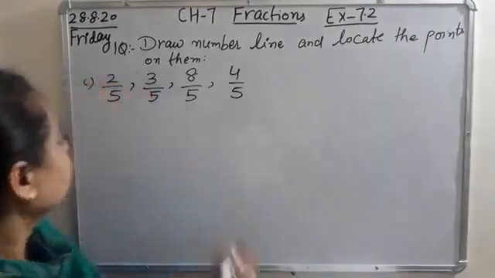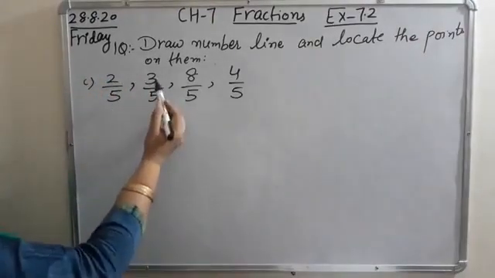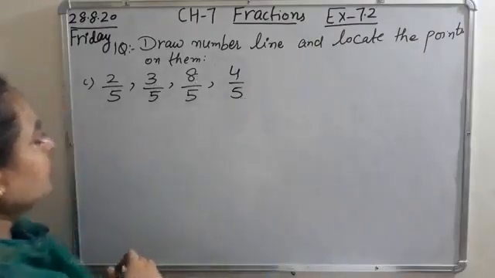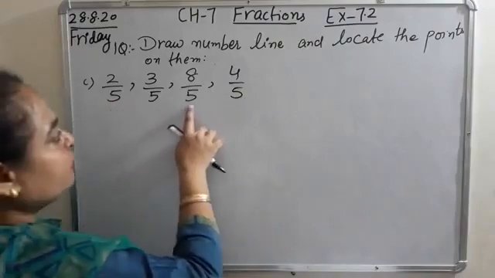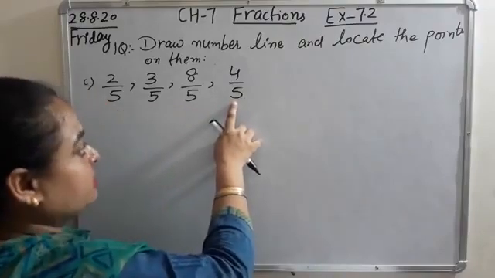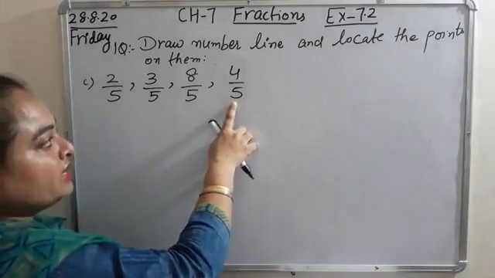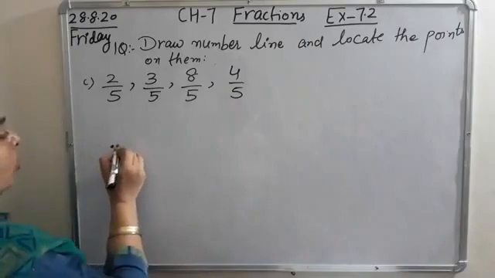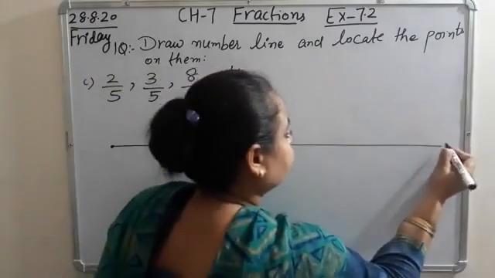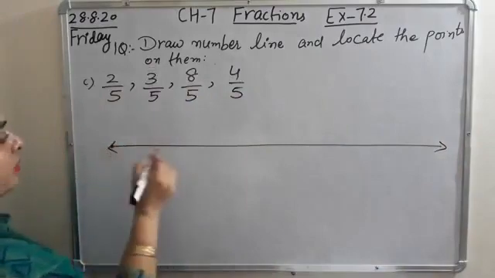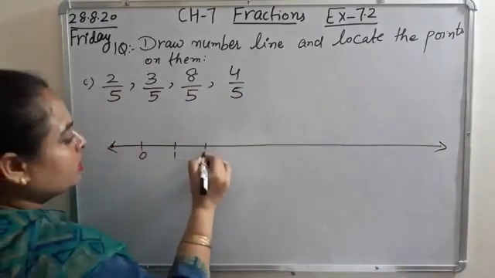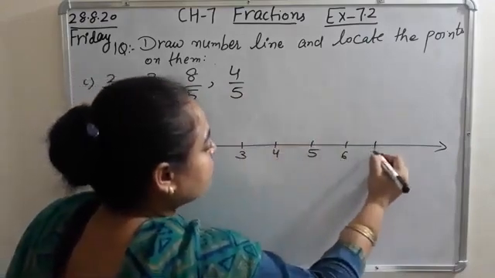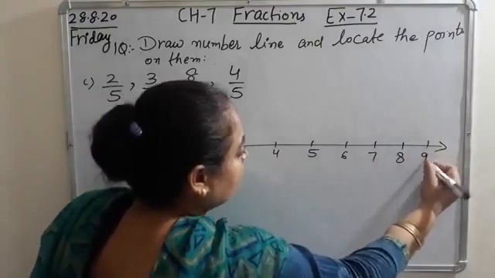Now C part: 2 by 5, 3 by 5, 8 by 5 and 4 by 5. Here in all the fractions we have same denominators. So no need to make the denominator same by any kind of multiplication. Directly we will draw a number line here. Write numbers 0, 1, 2, 3, 4, 5, 6, 7, 8, 9.